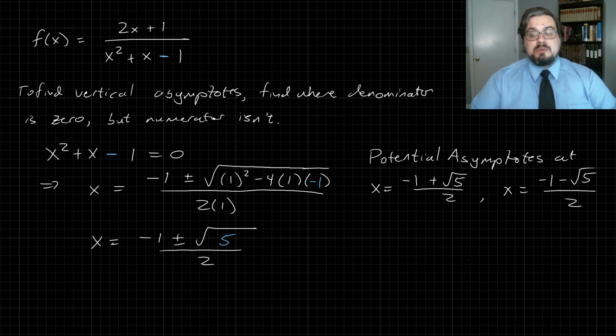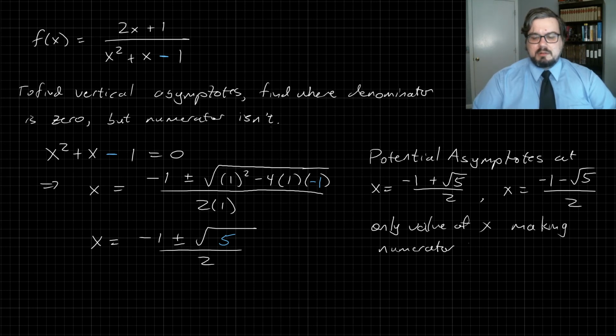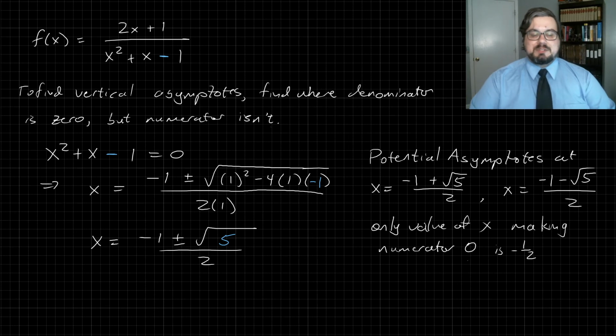We can know that they are actual asymptotes, not just potential ones, by seeing whether either of them make the numerator 0. But the only value of x making the numerator 0 is negative 1/2. If we set the numerator equal to 0 and solve for x, we get negative 1/2.